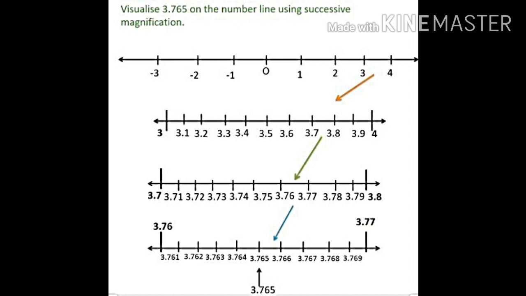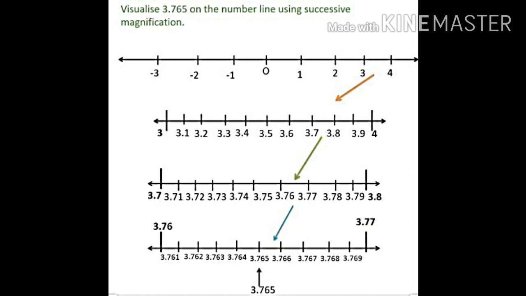3.76 lies between 3.7 and 3.8. After this, let's magnify the portion which lies between 3.7 and 3.8. Again divide the line into 10 equal parts. The first mark will represent 3.71, the second 3.72 and so on. 3.765 will be between 3.76 and 3.77.